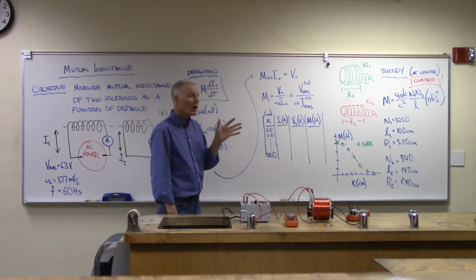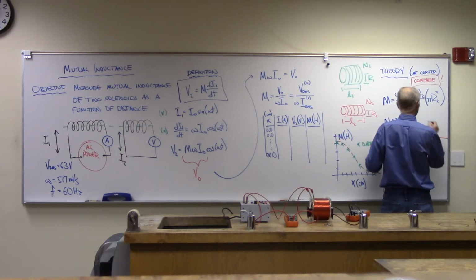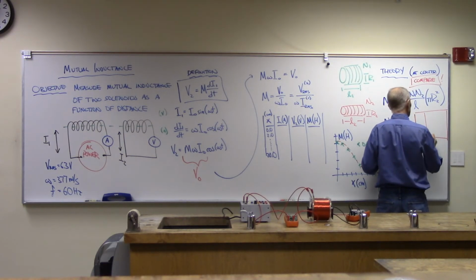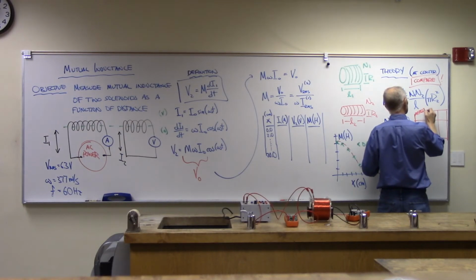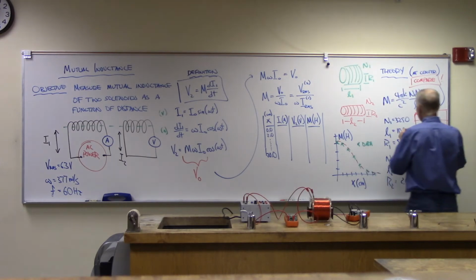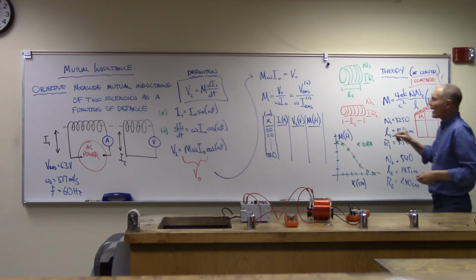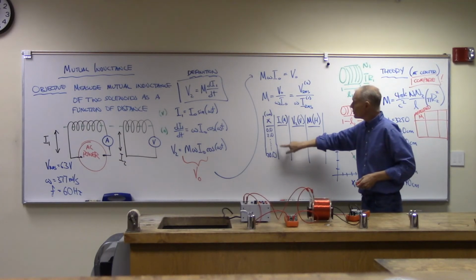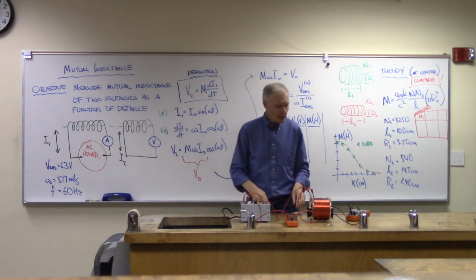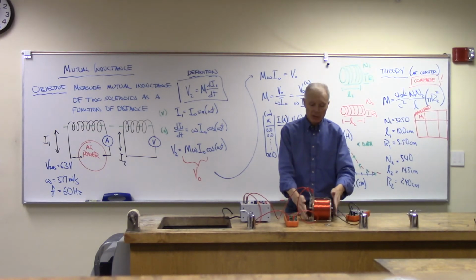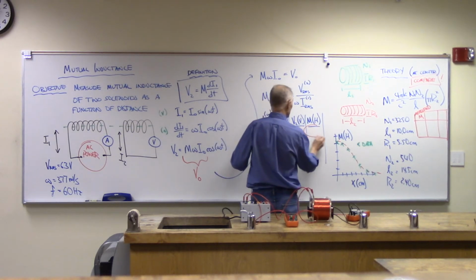And so I would say that we want to do a comparison here. I really don't have room. Well, let's see. We'll do a measured value of M. Now, the comparison's not really going to work very well at these larger distances. Our best chance of getting an idea of whether these numbers match up is with this configuration, so we're only going to take that one measurement right here.